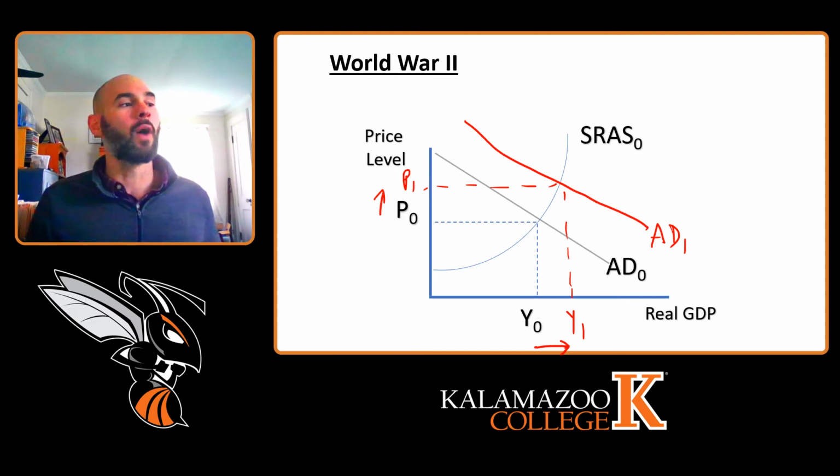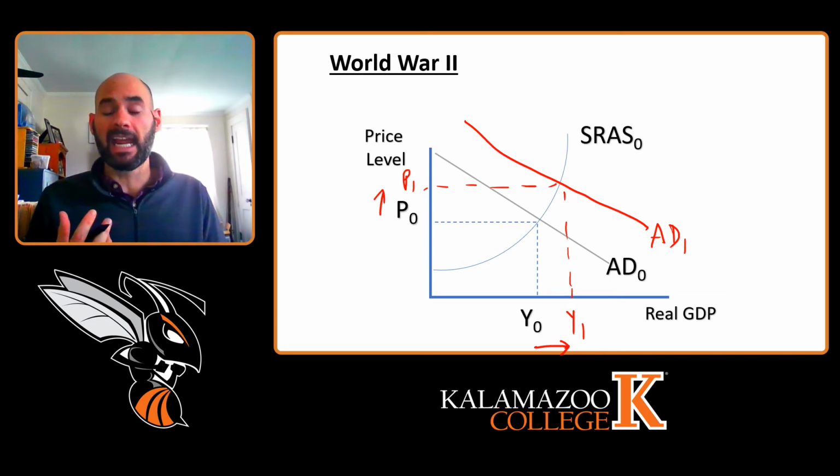While we were previously living in an economy which was recovering from the Great Depression and jobs were harder to find, now any able-bodied working age male was going to be employed in the war effort, either fighting abroad or farming or working in a factory. And women, who were previously not part of the labor market, were now pulled in to work in the factories as well. Think of your Rosie the Riveters.